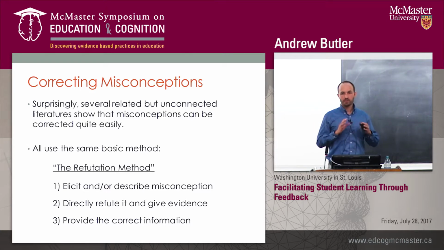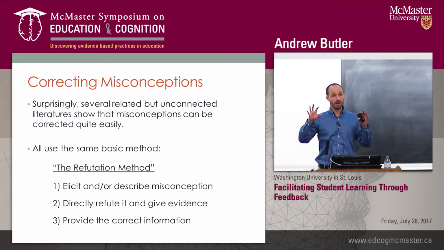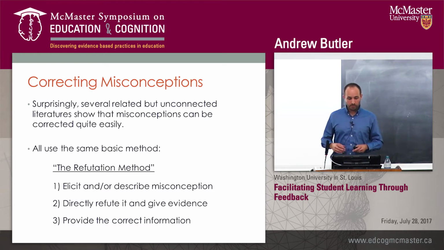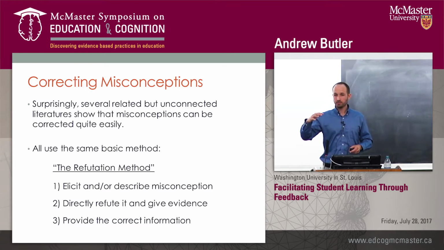There's a number of different literatures that are not connected but are highly related that show that using the same basic method, this refutation method, you can correct these misconceptions really effectively. Here's a refutation method. What you do is you elicit, right?